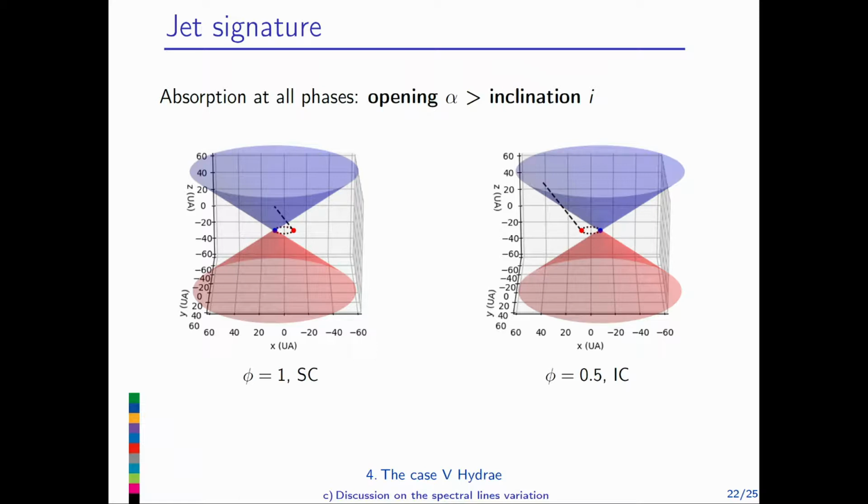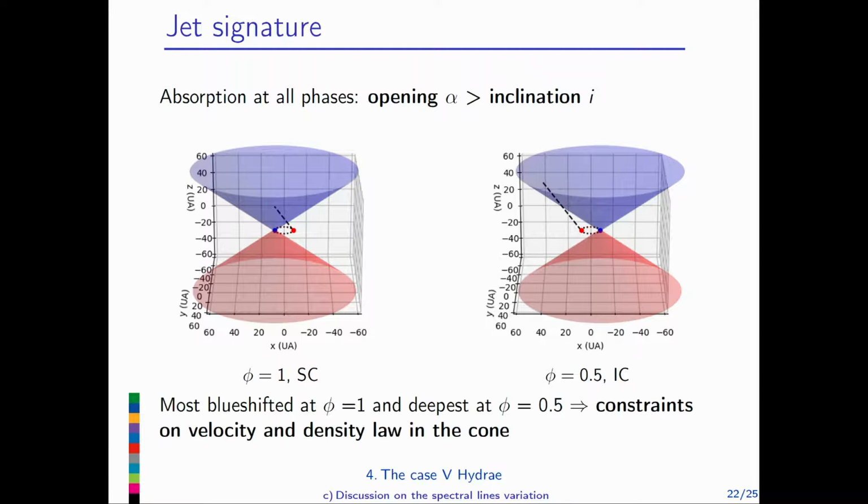If we have this condition, the line of sight will go through the jet, will border the head of the jet, and will also be absorbed at phase 0.5. And also, the shape of our absorption, so most blue shifted at phase 1 and deepest at phase 0.5, will give us a constraint on the velocity and density law that we can find in that kind of cone.